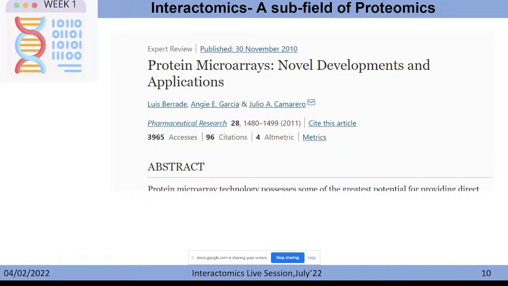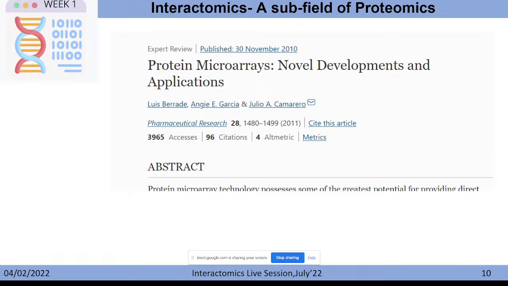With this review article you would be able to understand in depth about protein microarrays, the different developments and the different applications. This is very important for you to understand first. I think till now you are clear why protein microarrays are helpful and how they help us understand the different interactions of the regulatory networks.